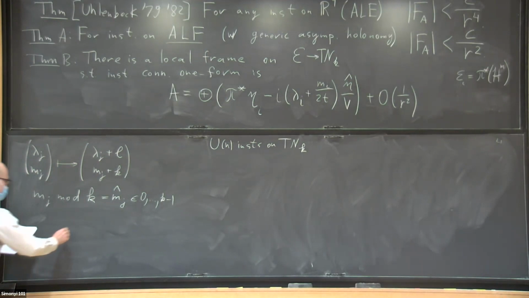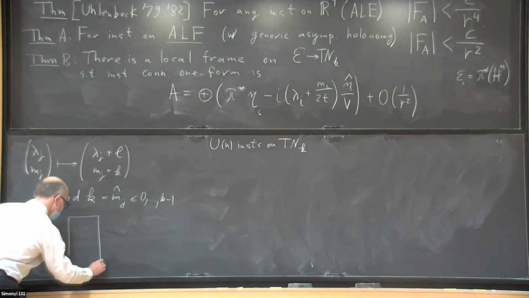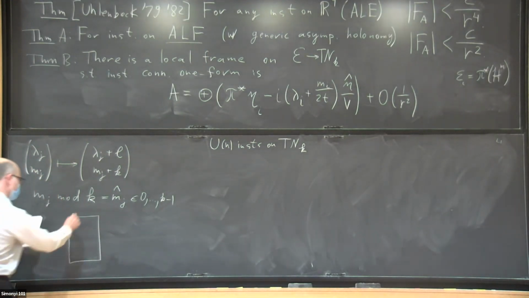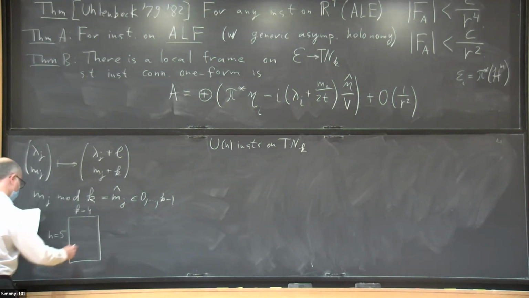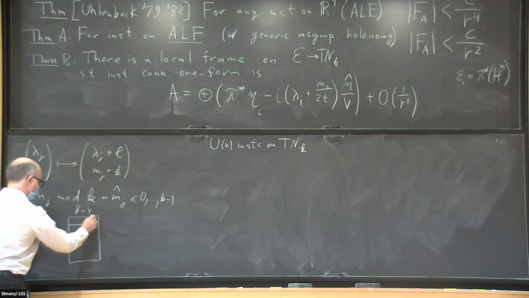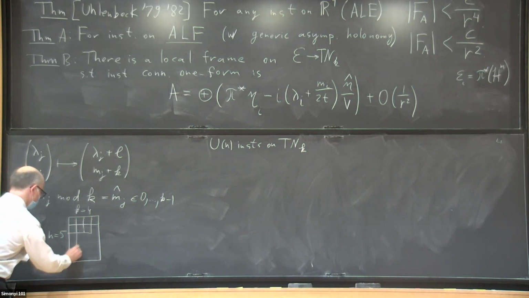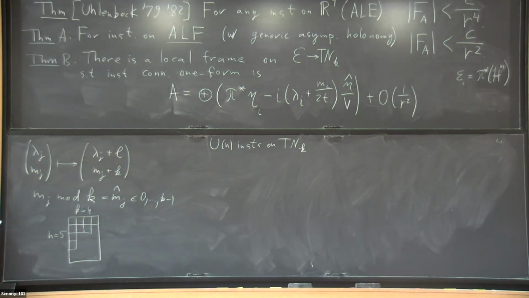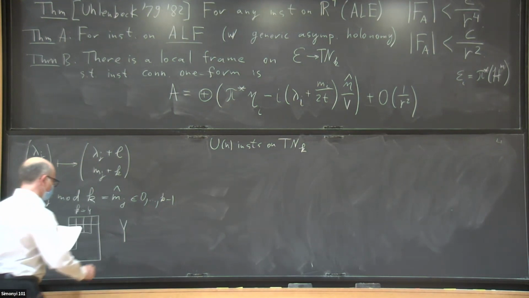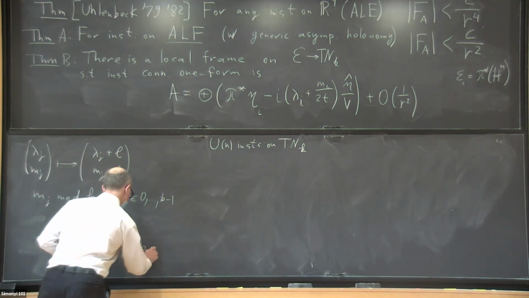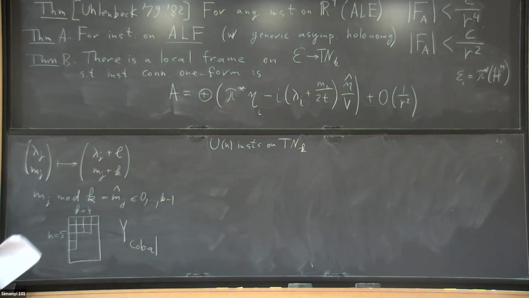Out of these numbers, we can construct a Young diagram, with k equal 4 and n equal 5, say 5, 3, 1, 1. So this will be a Young diagram, which I'll call Y co-balanced. And this keeps track of infinity.